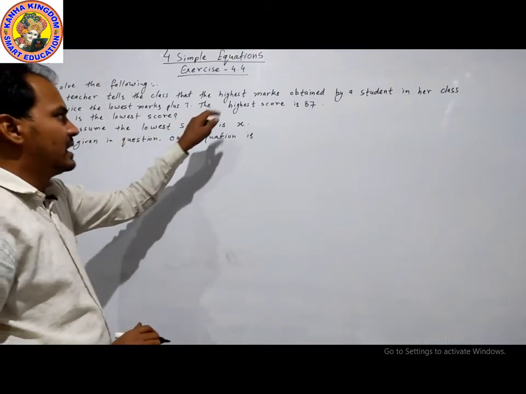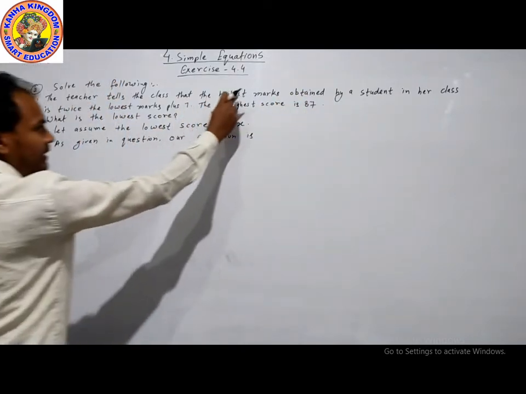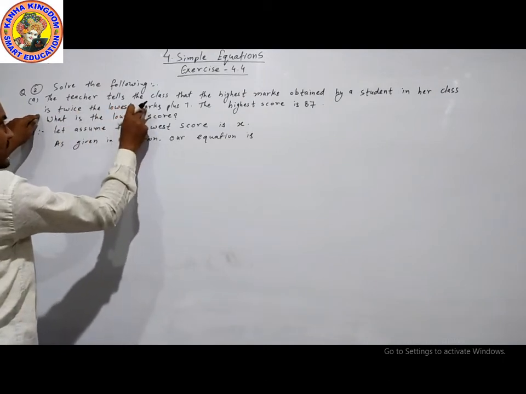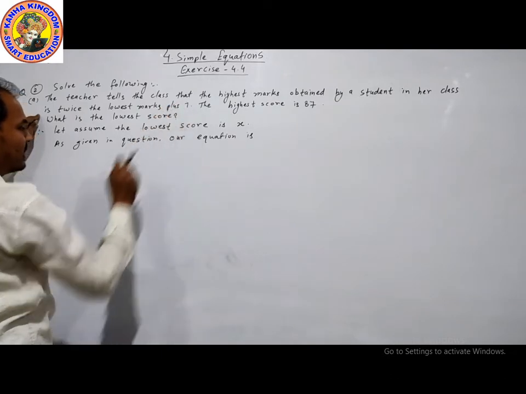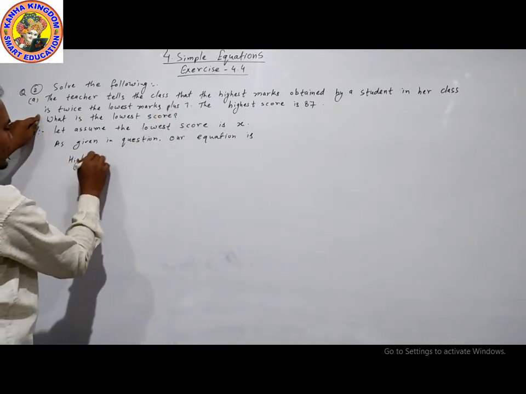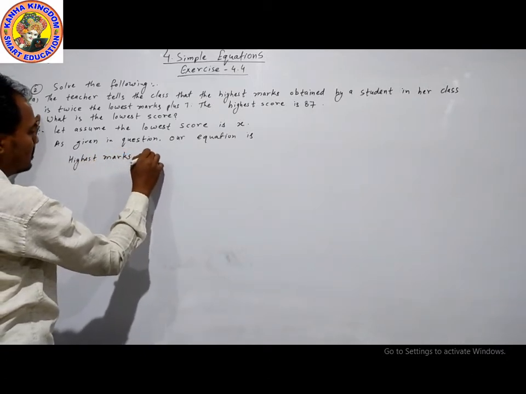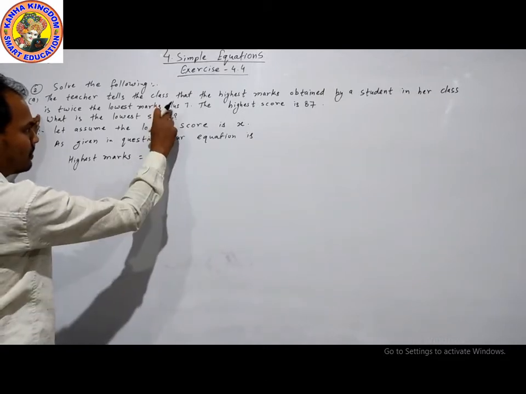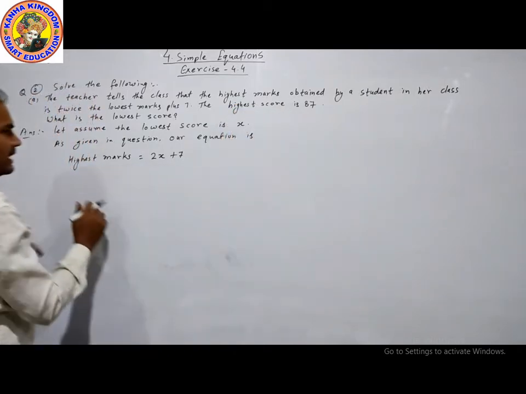Now the question says that the highest marks is twice the lowest. The lowest is x, twice means 2 times, 2x plus 7. Highest marks is equal to twice lowest, 2x plus 7, and the highest score is 87.